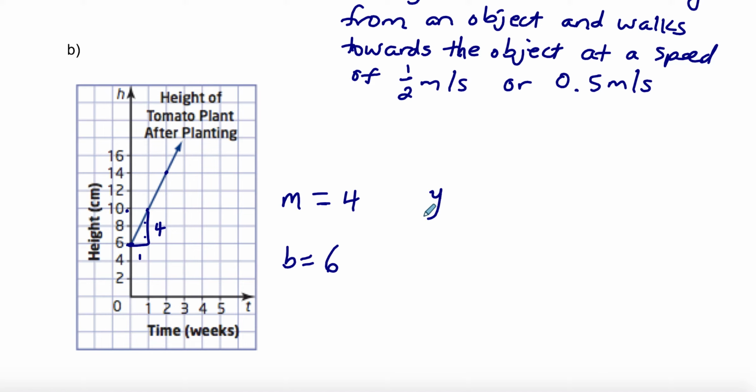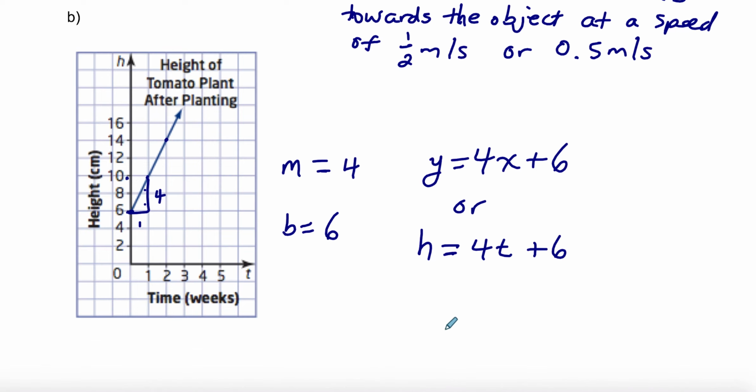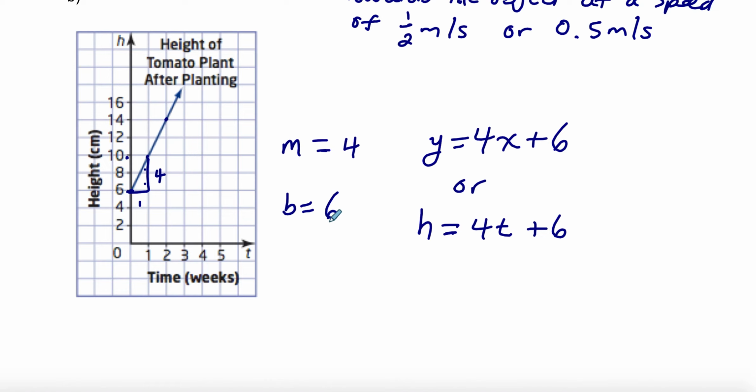We could write our equation, y equals 4x plus 6. For example, we could just use height equals 4t for time plus 6. So variables sometimes help you understand. We've got the height of the tomato plant. So what do these numbers mean? The b, that's 6. This is the height that the tomato plant is, I guess, when they bought it. This is at the beginning. 0 weeks, the height is already 6 centimeters.